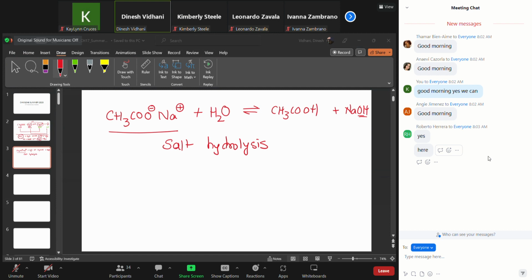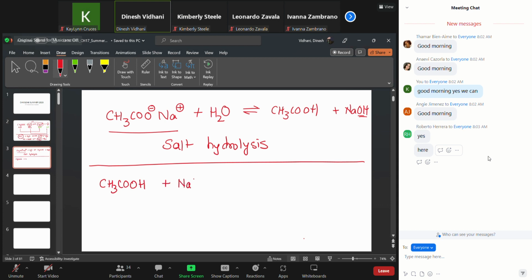Now, here's something interesting that I'm going to do. This time, I'm going to add acetic acid, and I'm going to add its salt. So these were two independent reactions. Now let's see what happens if I have a weak acid and I put sodium hydroxide, which is a strong base, and I mix them together.